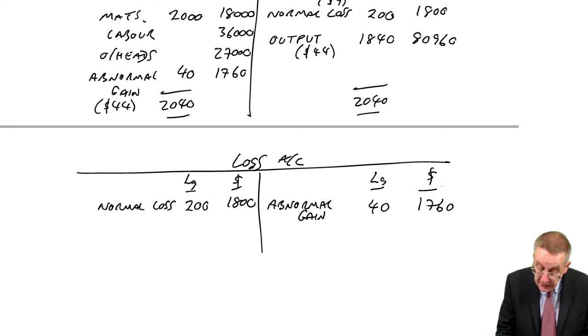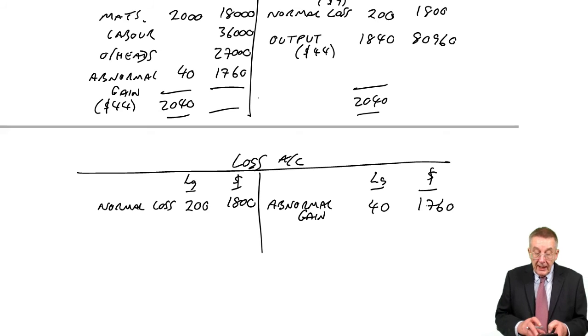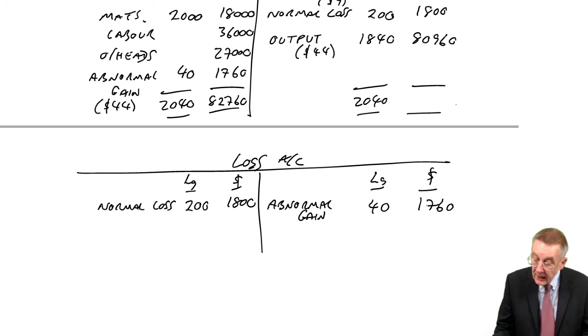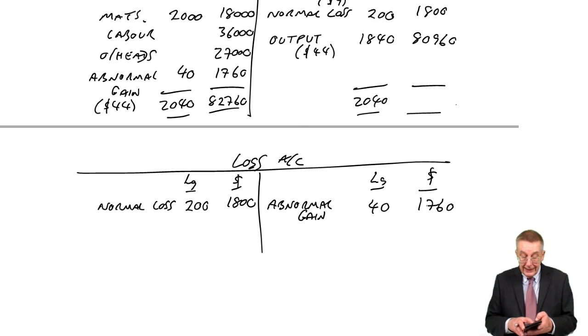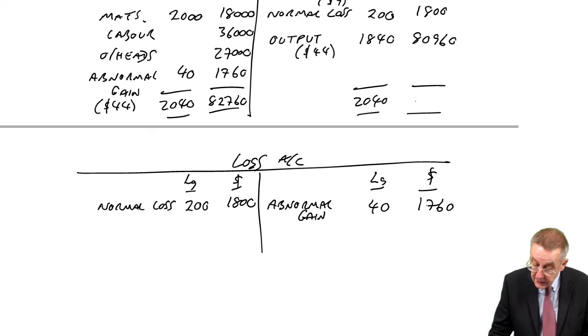The process account should now balance, so the debit side: 18,000, 36,000, 27,000, $82,760. The credit side, $82,760.